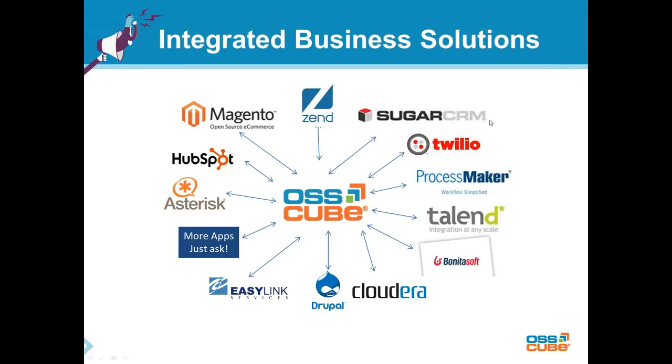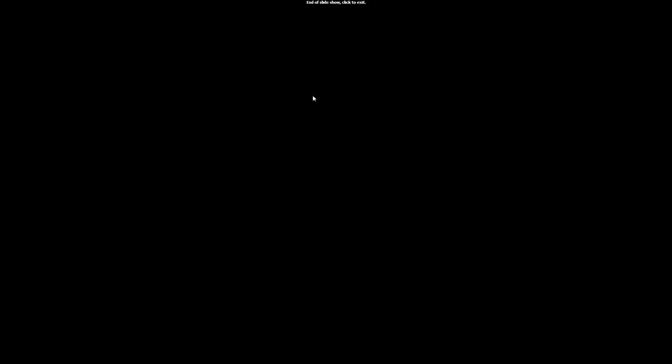As you can see, we have competencies across Magento, Talend, Process Maker, Sugar CRM, and this really helps us build an integrated solution for your business requirements. Moving on, I would like to pass on to Deepak and Anil for their presentation.